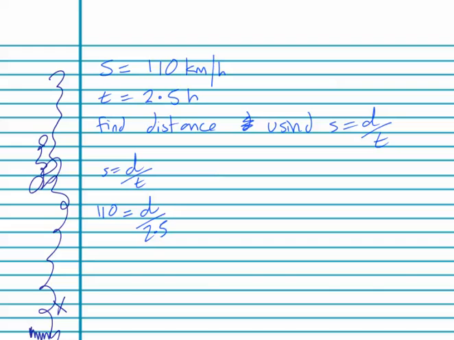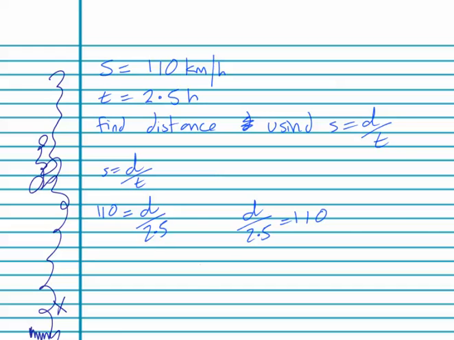Now, this is an equation that we can solve. If we're feeling uncertain because the unknown's on the wrong side, we can always just flip it round before we do anything so we feel better about it. But it will work either way. Distance divided by 2.5 is 110. We just want the unknown on its own. We want to get rid of that divide by 2.5.